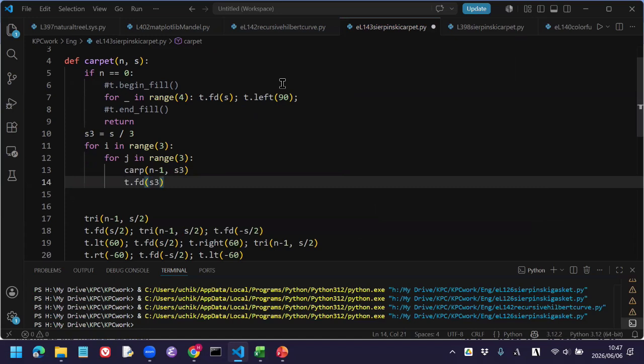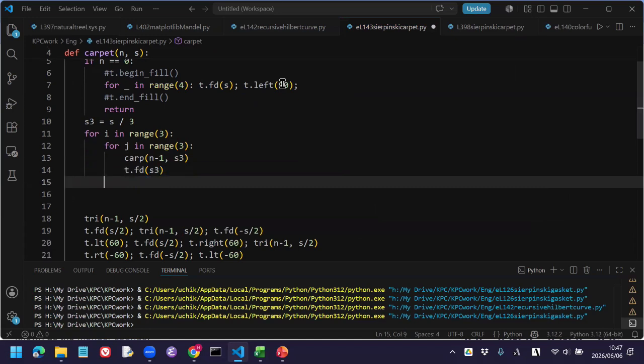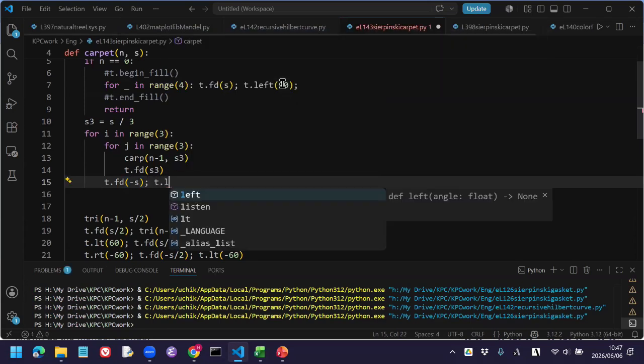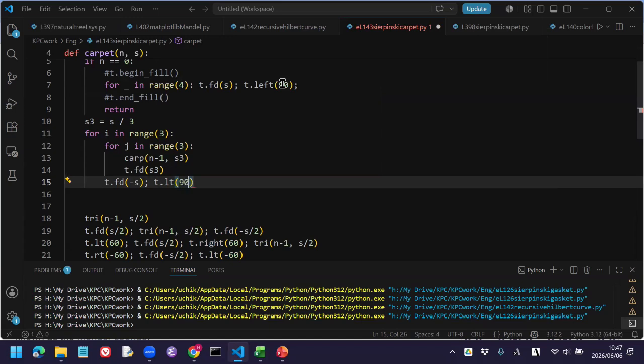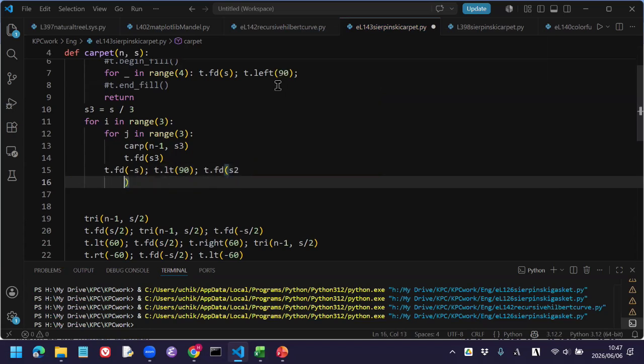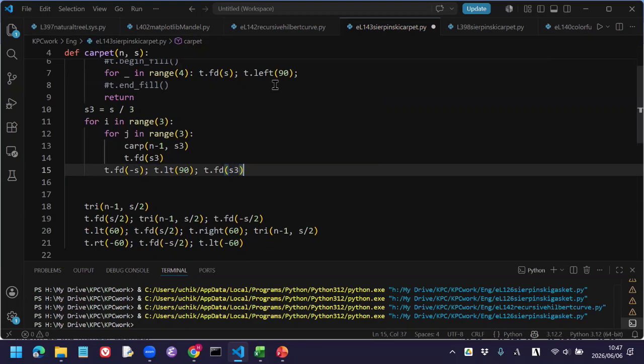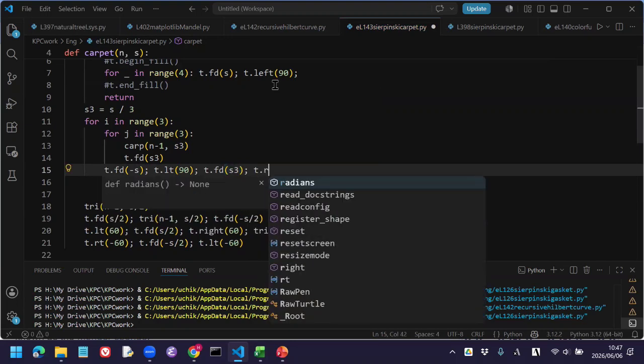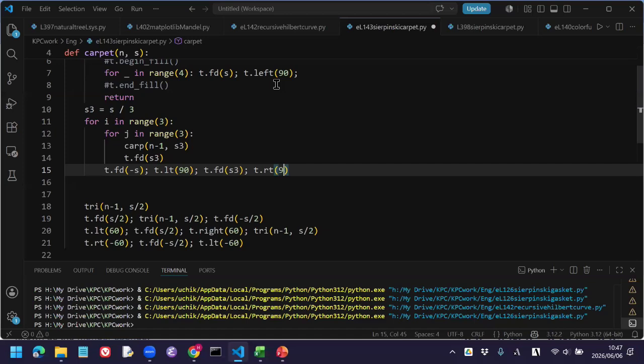This is drawing three carpets. After that, we go backward by negative S, and then we turn left, upward, 90 degrees, and t.forward S3, I mean one third of S, then turn right by 90 degrees.